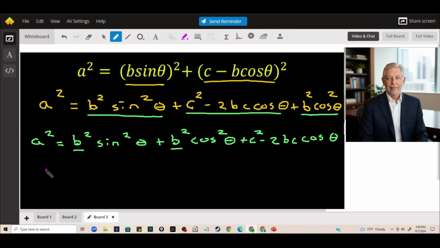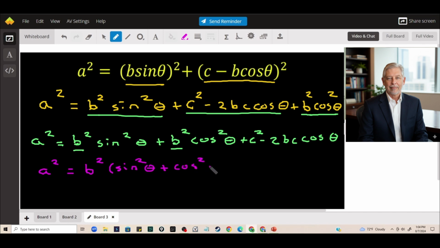So we have A squared is equal to B squared times, in parentheses, sine squared theta plus cosine squared theta.